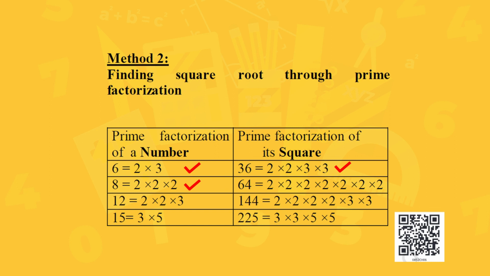The square of 8 is 64, and its prime factorization is 2 times 2 times 2 times 2 times 2 times 2.